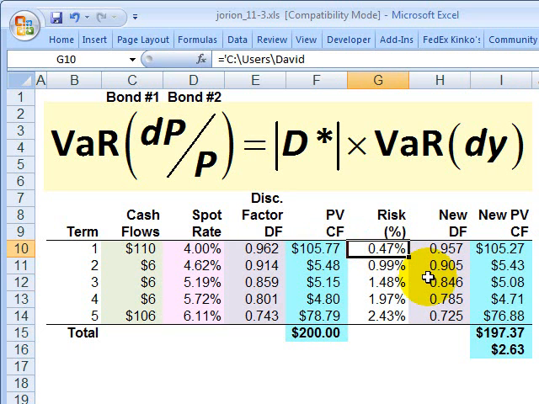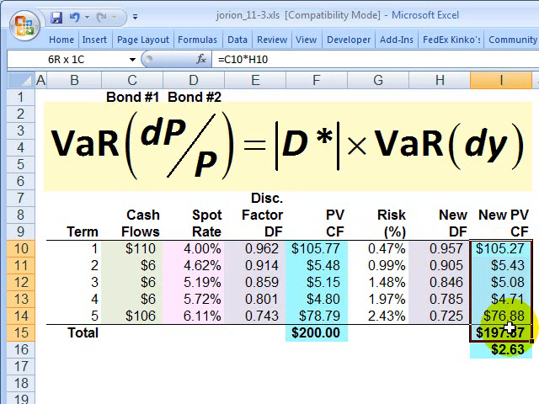This first cash flow is getting shocked by 0.47%. That's the 1-year returns VaR. The second cash flow is getting shocked by just about 1%. And what we have here then is a sort of simulated series of cash flows on a present value basis that are based on the assumption, or the simulation, that each of these returns VaR is realized.